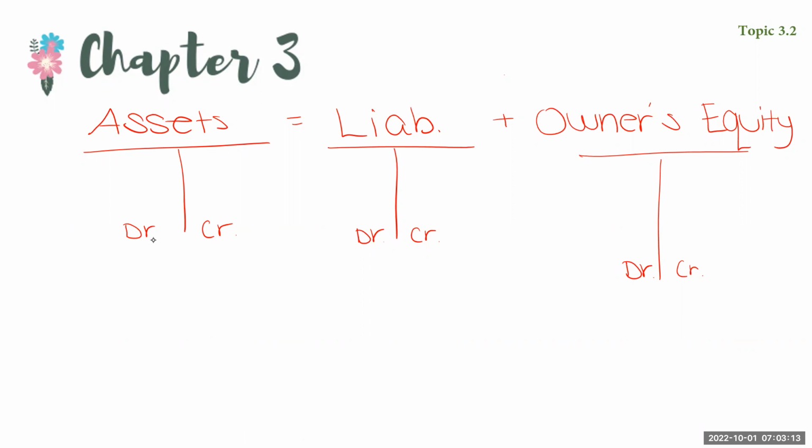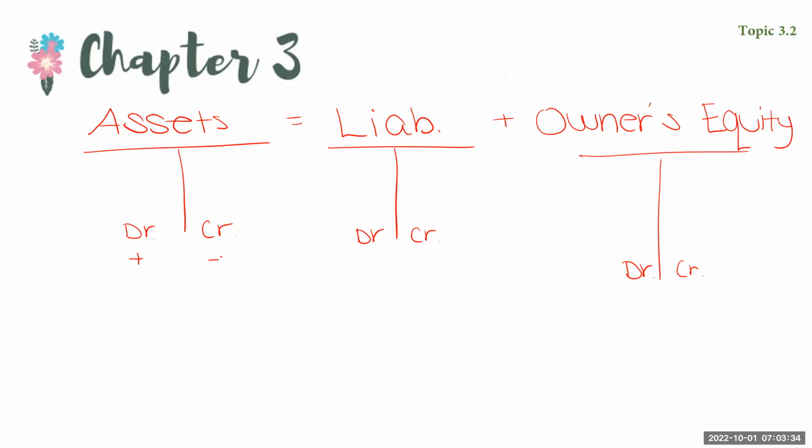So if you want to list any positive items to an asset account, you're going to put it on the left side. If you want to show any negative numbers to an asset account, put it on the right side.